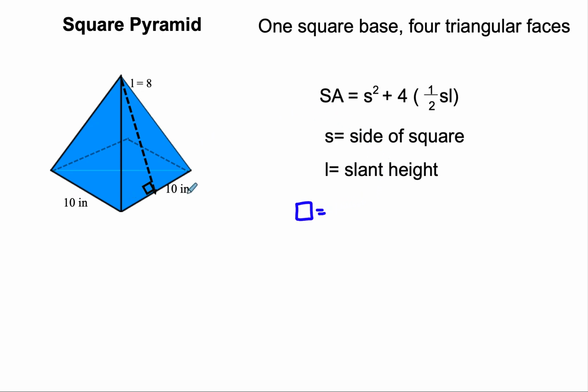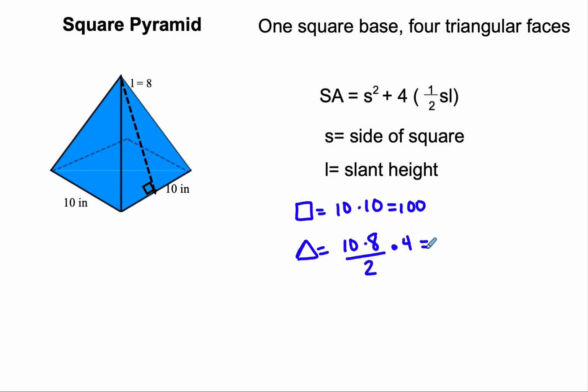All right, so we'll start with the square. My square sides are 10 times 10, which is 100. Now let's take a look at the triangles. Because this is a square on the bottom, all 4 triangles are going to be the same. So I have base and height of 10 and 8. I'm going to divide by 2 because it's a triangle. And then I'm going to times by 4.